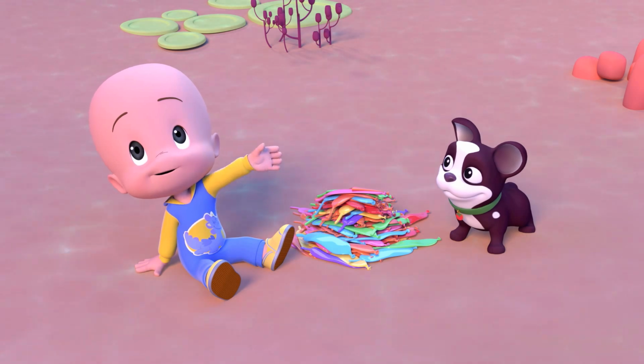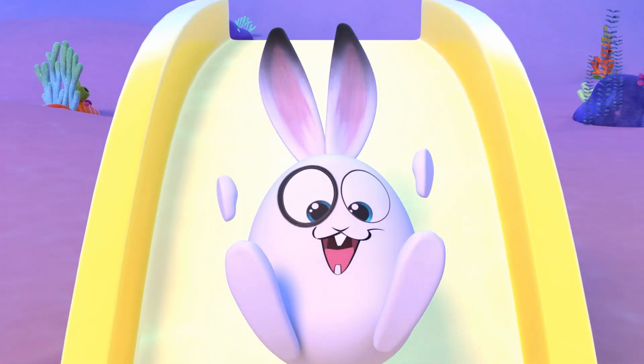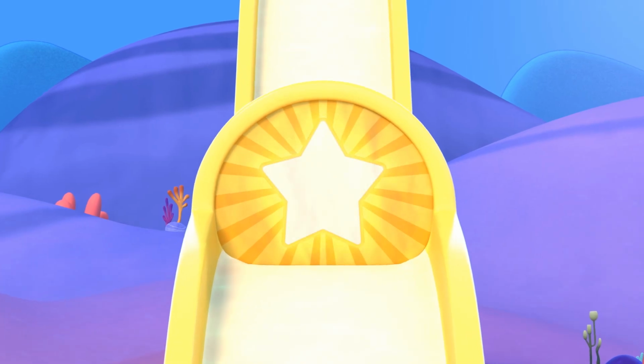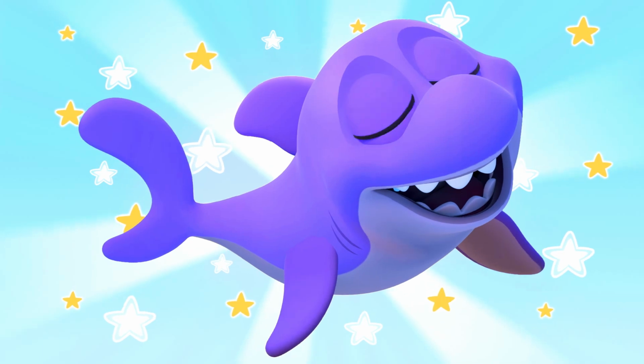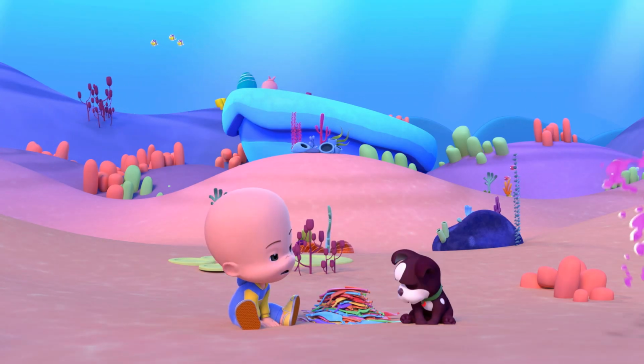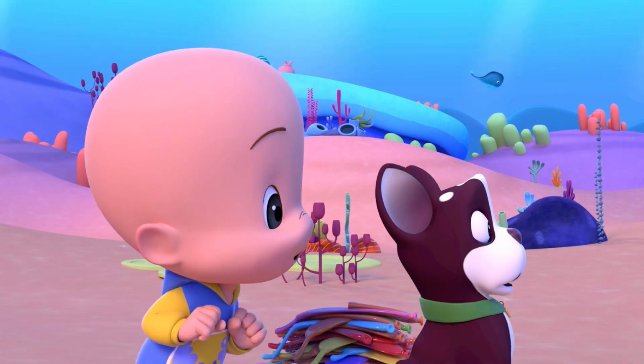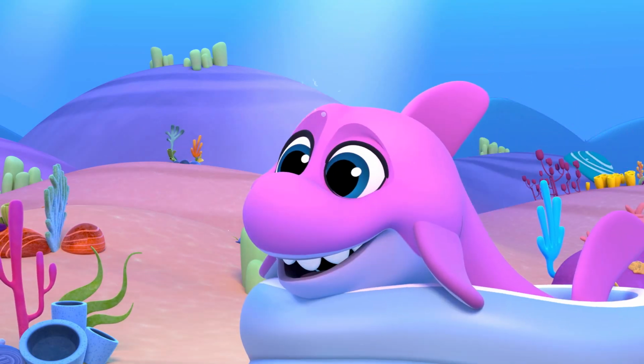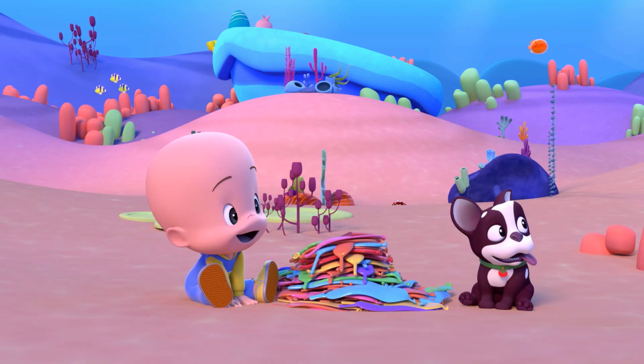Hi, Ghost. Baby shark. Whoa. Pink baby shark. More.